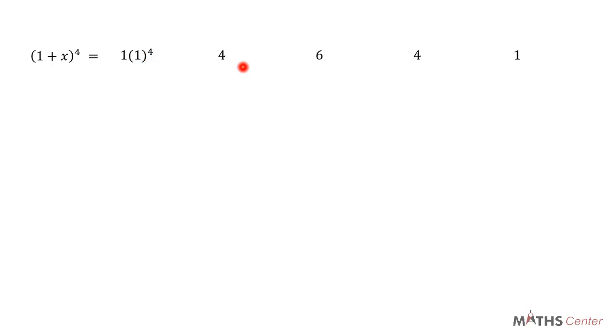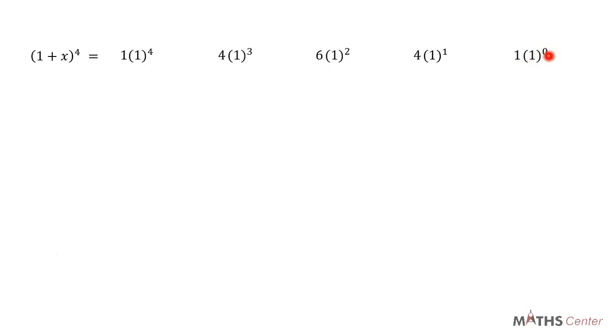Then in the next term, the exponent on 1 will reduce by 1. So we are going to have 1 exponent 4 minus 1, which will give us 1 exponent 3. In the next term, the exponent, which is 3, will reduce by 1 again. So we have 1 exponent 2. In the next term, the exponent will reduce by 1 again. So 1 exponent 1. In the last term, the exponent will reduce by 1 again.